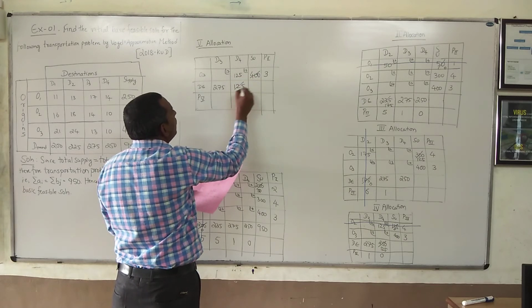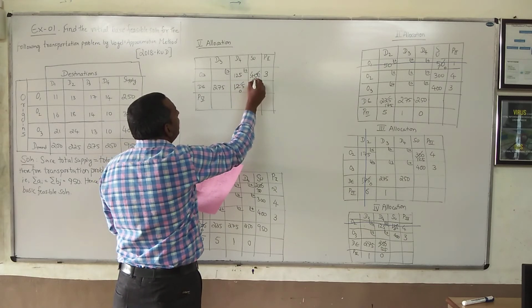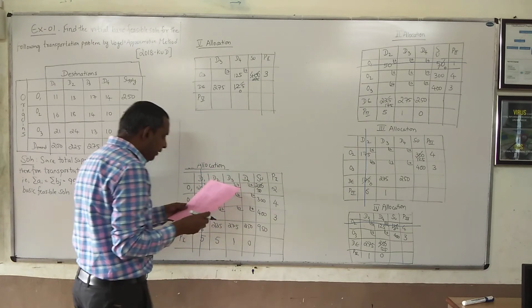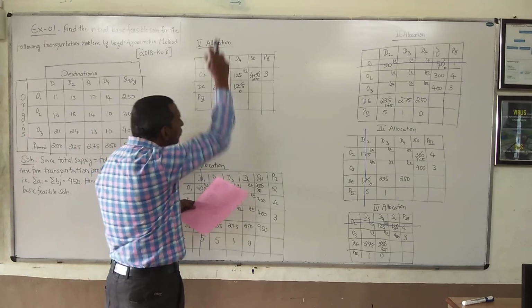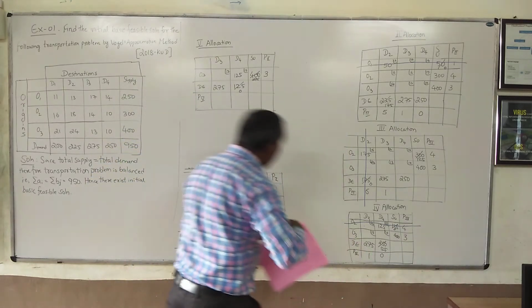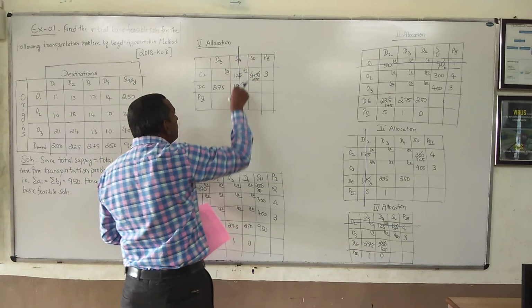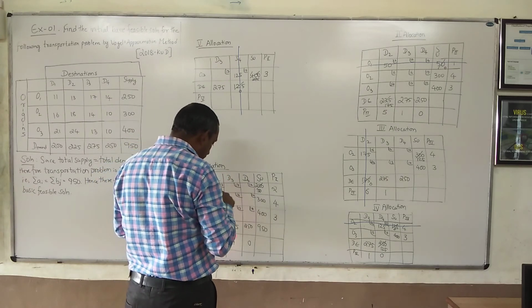So this becomes 0. It is 275 here. Fine. This is 0. So this column will get exhausted.